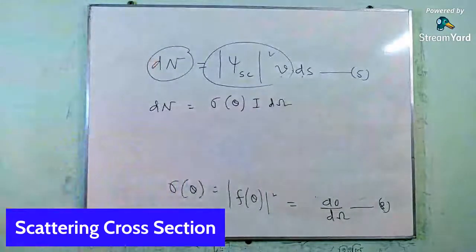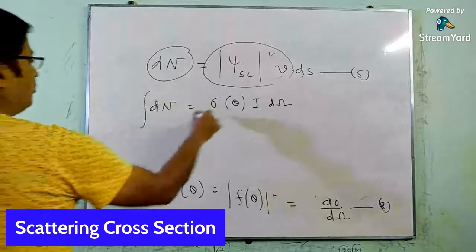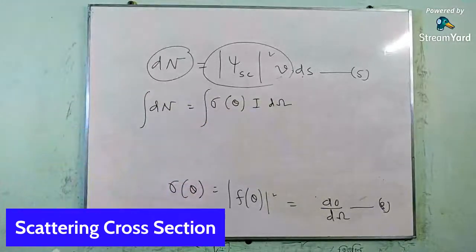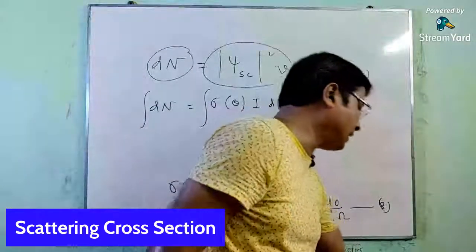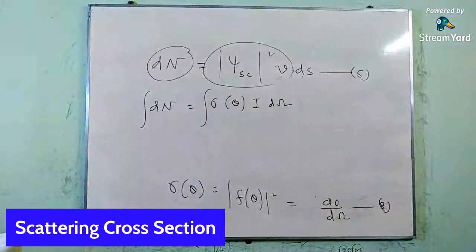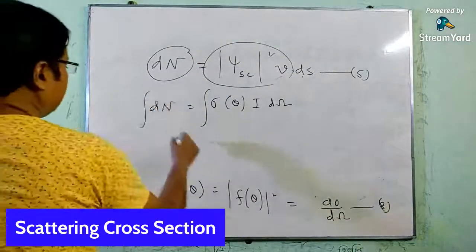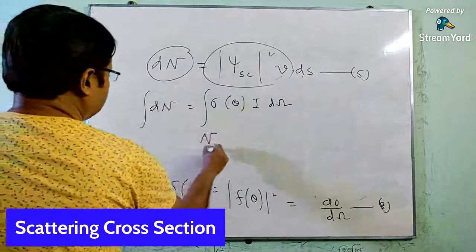So if we want to find the total number of particles scattered in unit time, it can be obtained by integrating over all directions. We find integral dN equals integral sigma(theta) I d omega, and dN becomes N scattering.